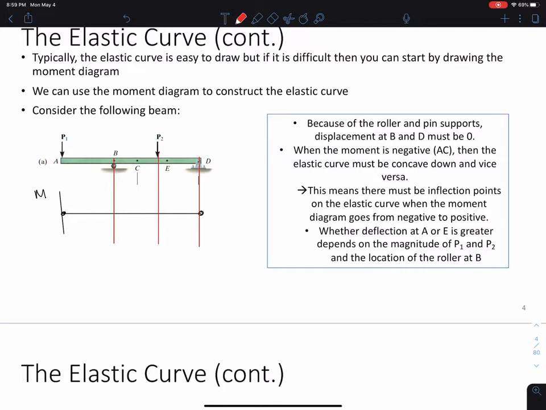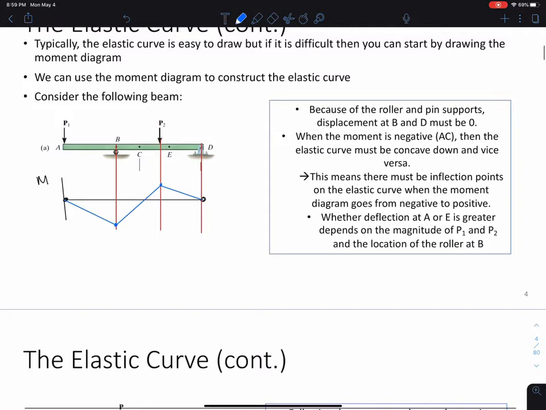And what happens here is we have some value of moment that shifts to this point. We have some value of moment that would shift to this point, and we would have this come back and close at 0. And this is our moment diagram. And a couple of things that we can note here. We can note that this whole area is negative, and that this whole area is positive, right?